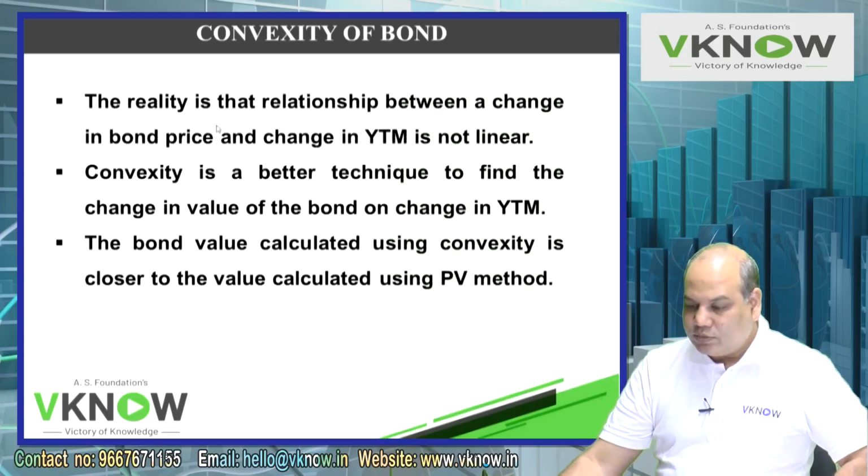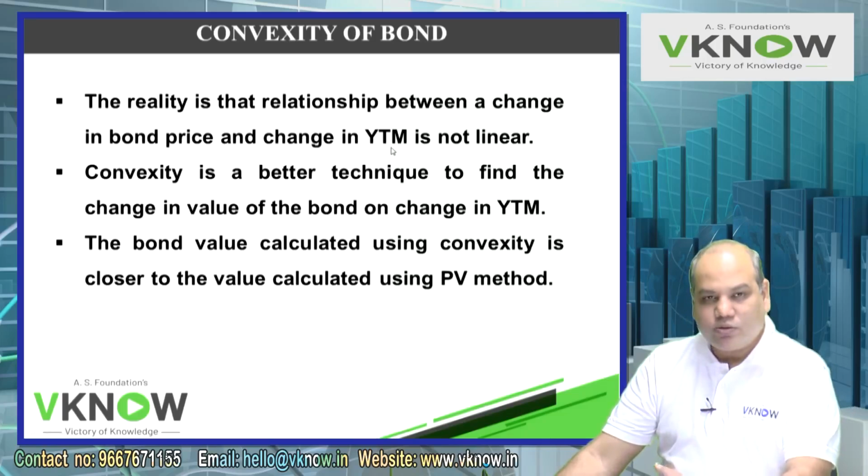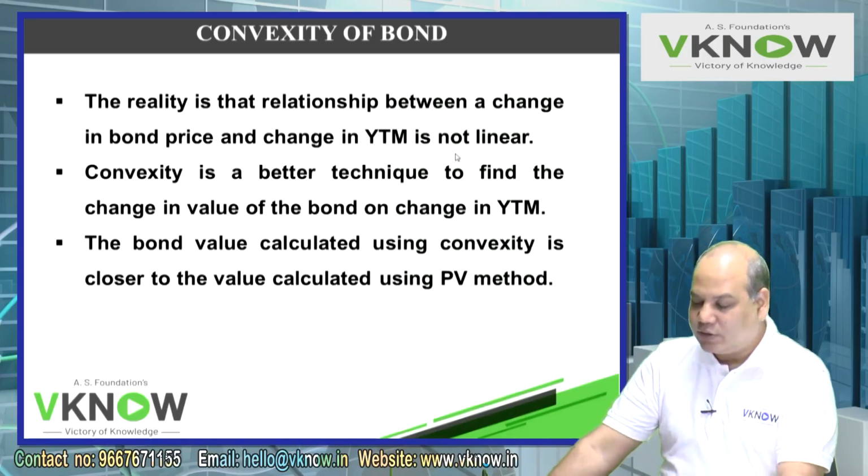Next line, the reality is that the relationship between a change in bond price and change in YTM is not linear, it is curvilinear, convex, because the time value of money compounding effect is happening.